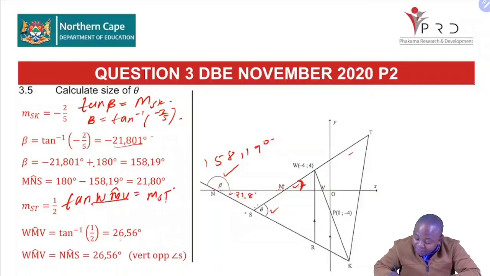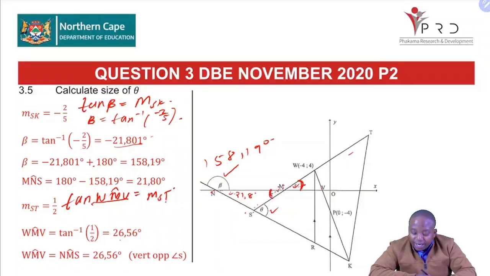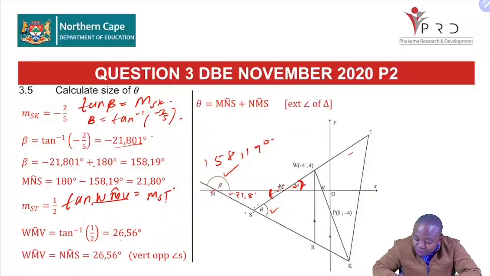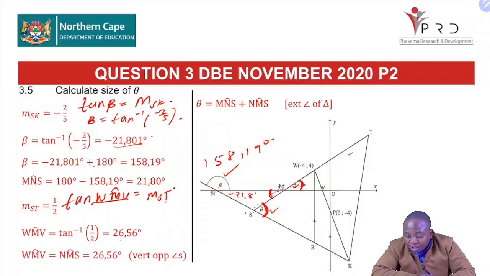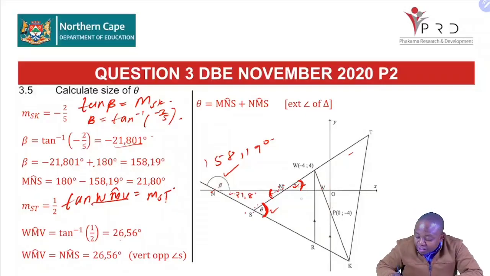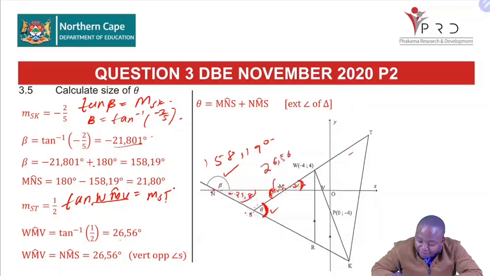Then we notice that NMS and these two angles are equal. These are vertically opposite angles, right? Since we have found the two angles that are equal, I can find my alpha or my theta as an exterior angle of a triangle, which says our theta equals the angle of MNS, which is 21,8, and the angle of 26,56.